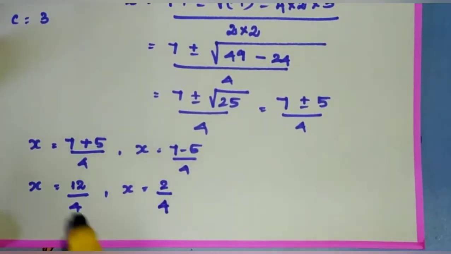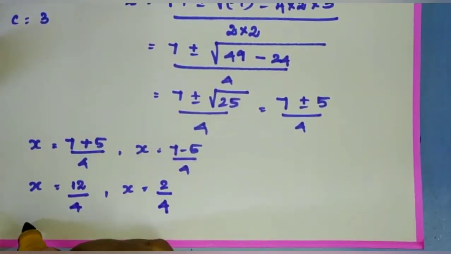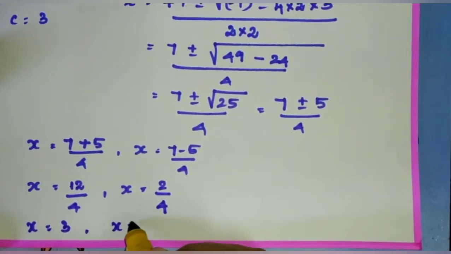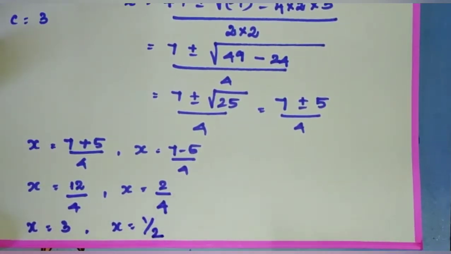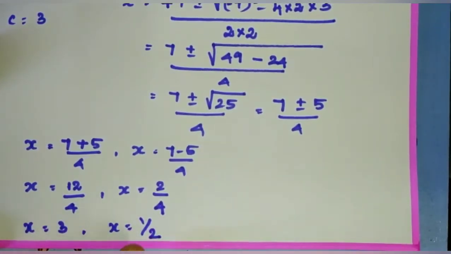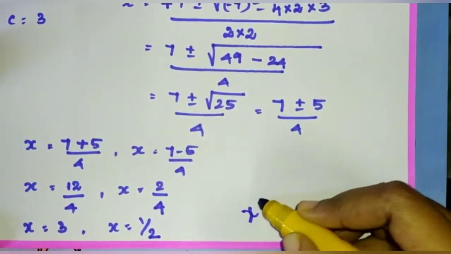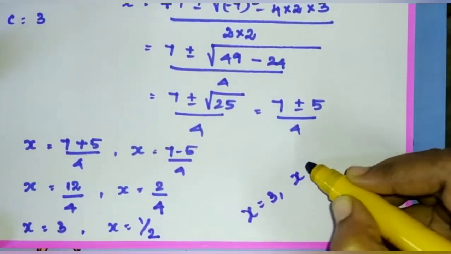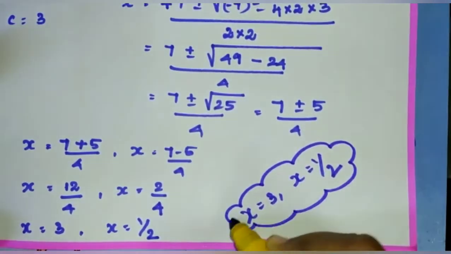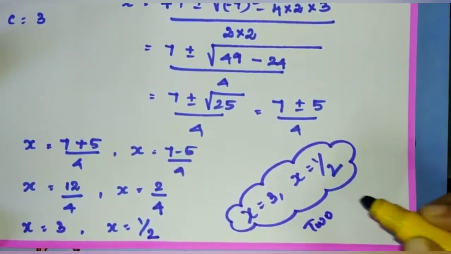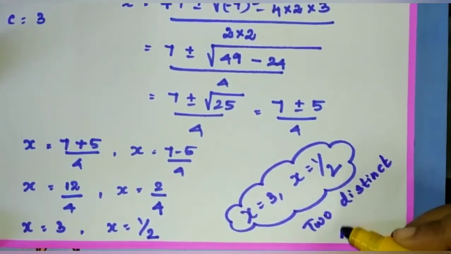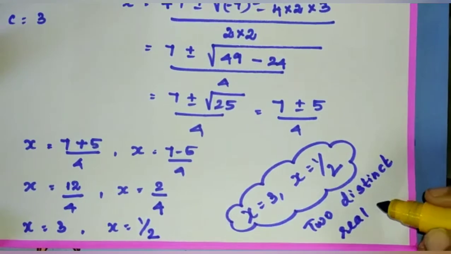Now tell me what are the two roots? x is equal to 3 and x is equal to 1 by 2. So we got two distinct real roots.